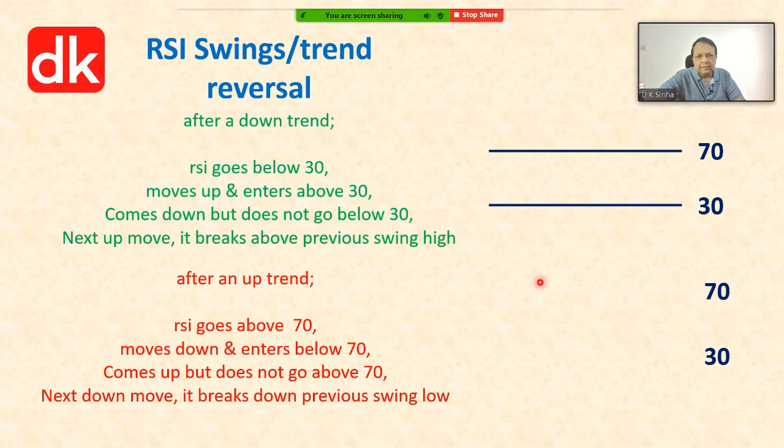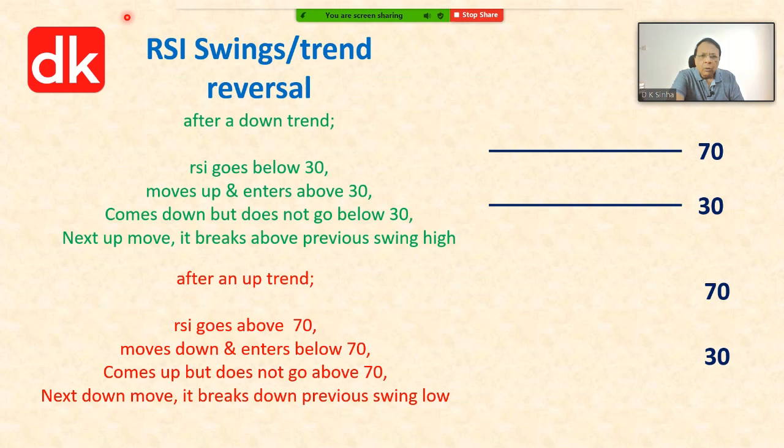Usually you will find that I put 60 and 40 as my band on my customized chart. But in order to study the swings, you have to use the values 70 and 30.